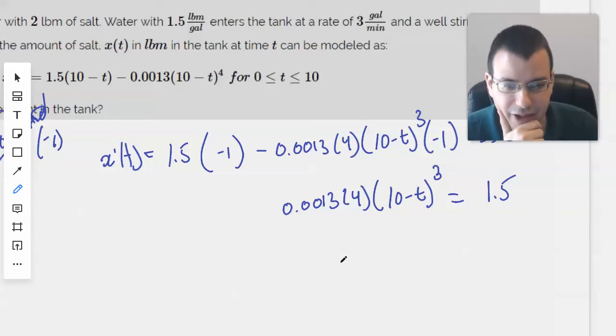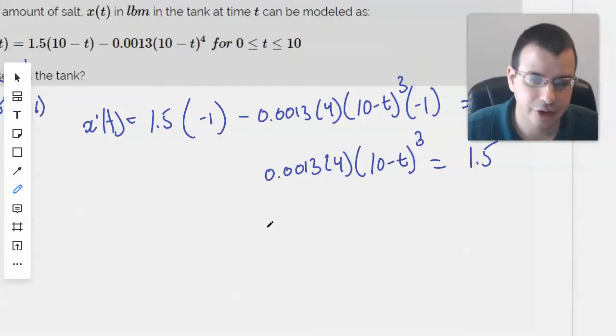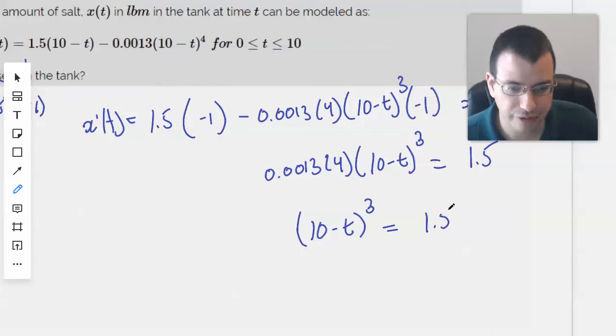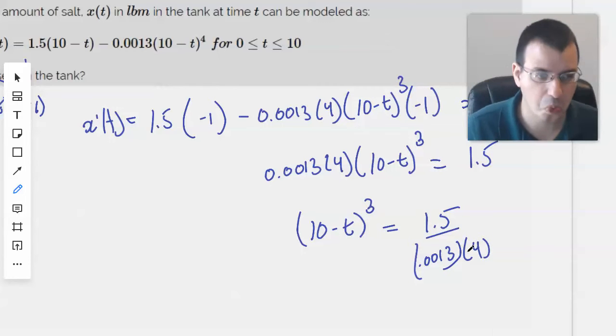And then this is going to be calculator. So we'll have 10 minus t quantity cubed equals 1.5 over 0.0013 times 4.